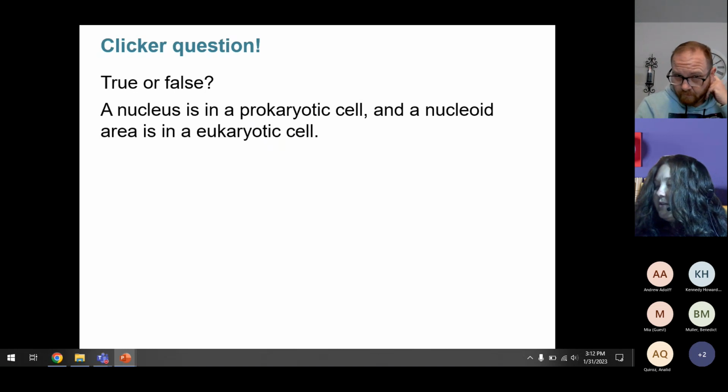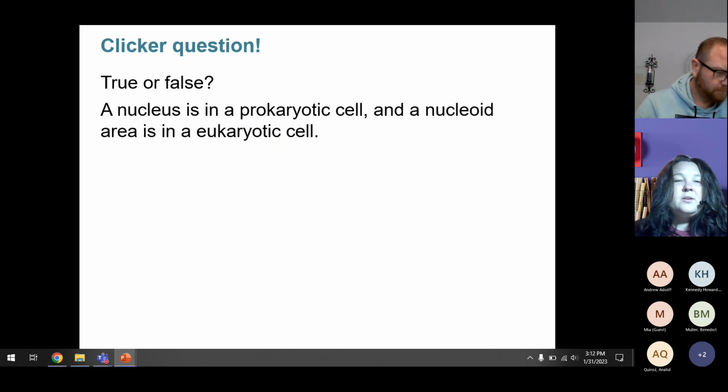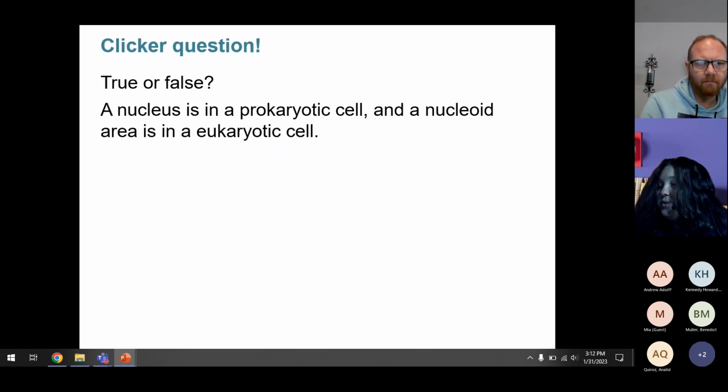Here is another true or false question. A nucleus is in a prokaryotic cell and a nucleoid area is in a eukaryotic cell. True or false?